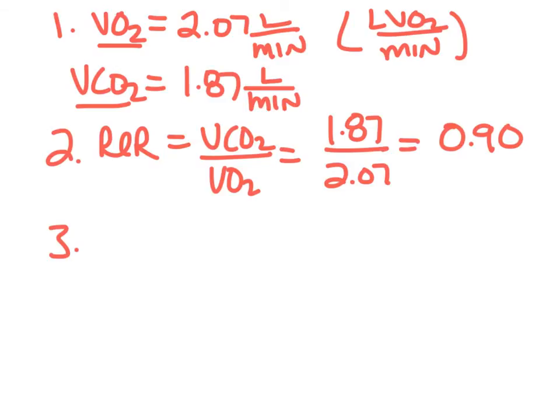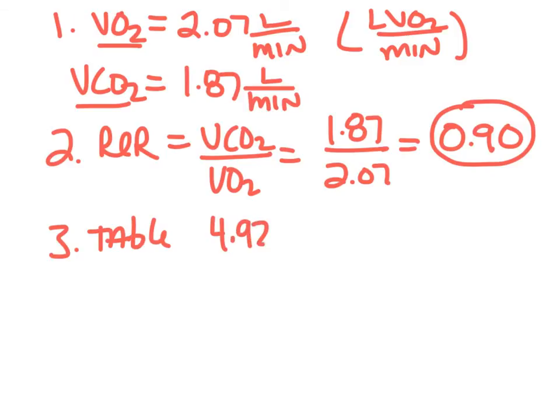Step 3 is to use the table to determine the caloric equivalent. So if you look at the table and we looked up 0.90, we found that the caloric equivalent for 0.90 was 4.92 kcals per liter of oxygen consumed.